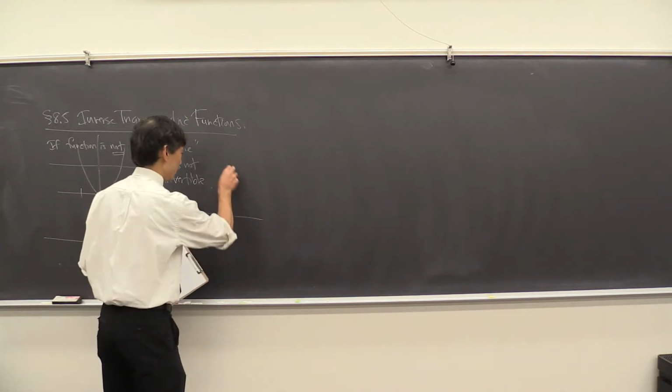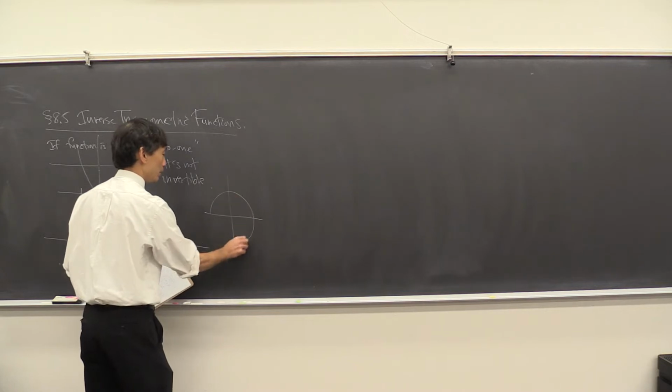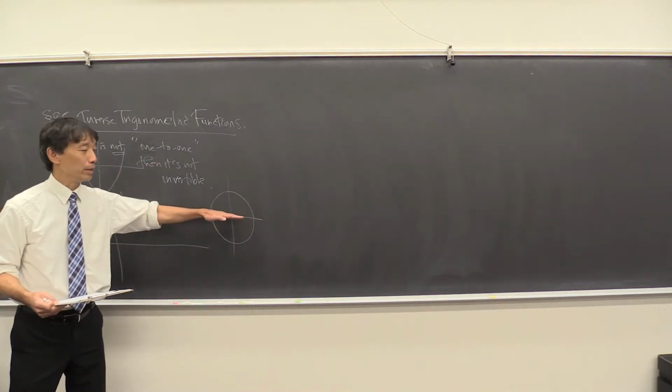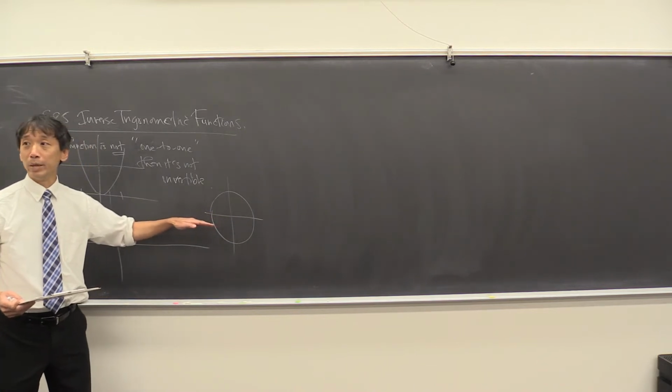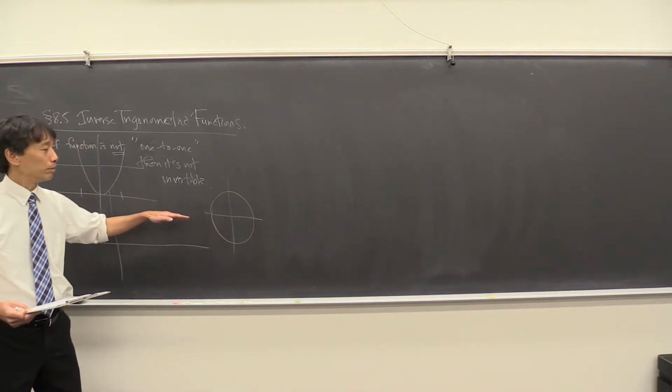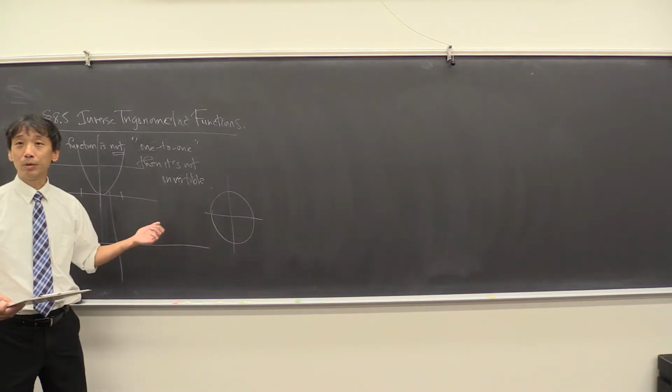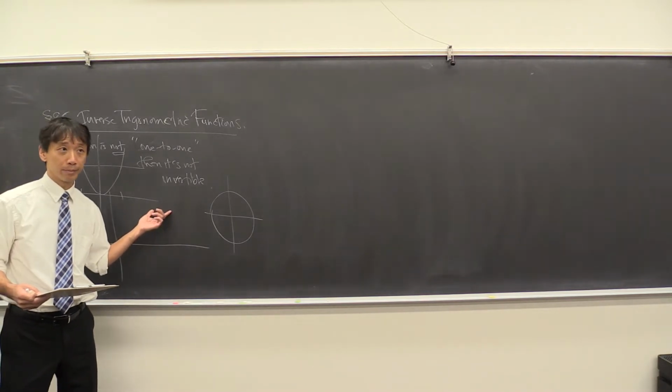So remember what the sine is. The sine is the y-coordinate of your angle. So if the sine is 0, what could the input be? What are possible inputs, say?